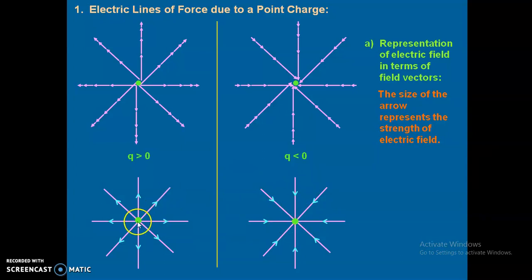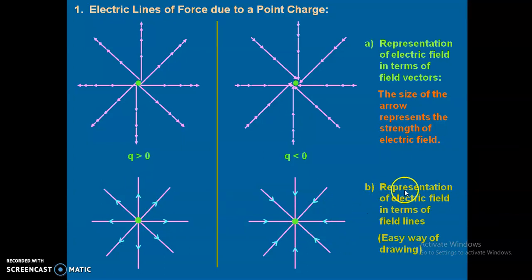Here radially outward because it's a positive charge, q greater than 0, so a repulsion force will be there, therefore electric field lines are in outward direction, and for less than 0, inward direction. Same thing written: representation of electric field in terms of field lines. Okay, these are the field lines and these are the field vectors.